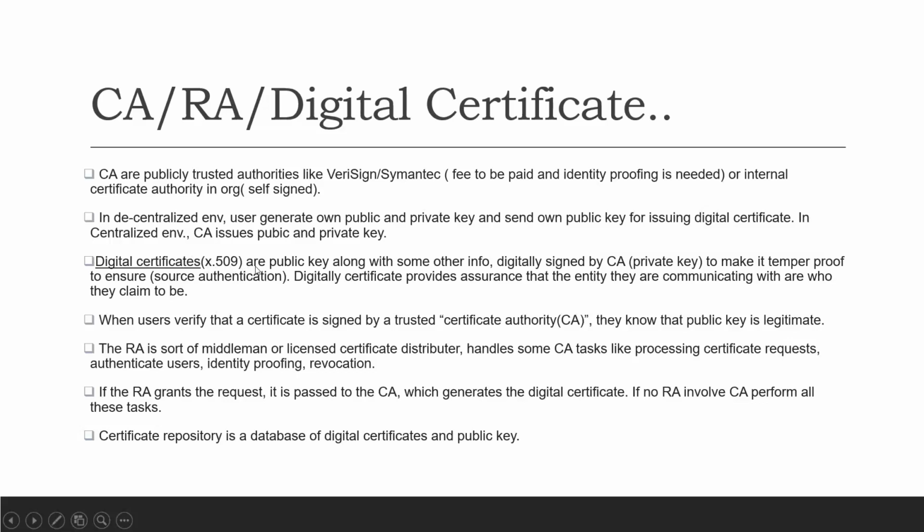In X509 we have the public key along with some other information. What is this information? It includes the public key of Ravi Agrawal, when it was issued, what was the date, how long it will be valid, and other information of the organization. So the public key plus information, digitally signed by the CA, is very important.